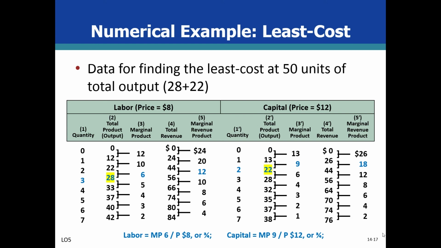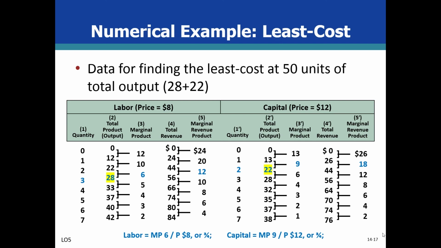Let's assume that the firm wanted to produce 50 units of total production using both methods, a labor method and a capital method in combination. What's the lowest cost method for producing the 50 units?